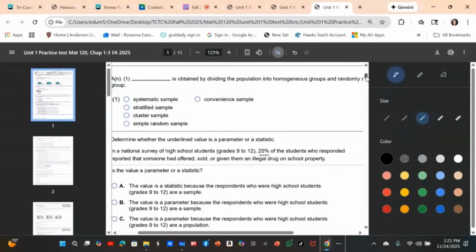So you divide them and then randomly select data from each group. Sometimes the stratified sampling method and the cluster sampling method look the same. But in cluster sampling, remember that the population is already in clusters.